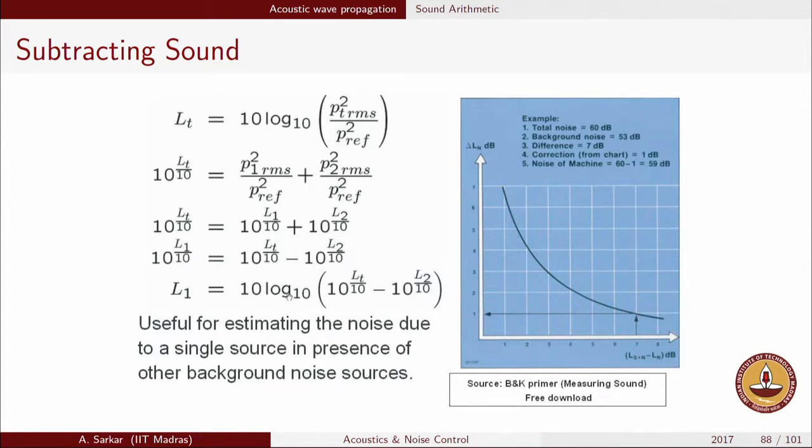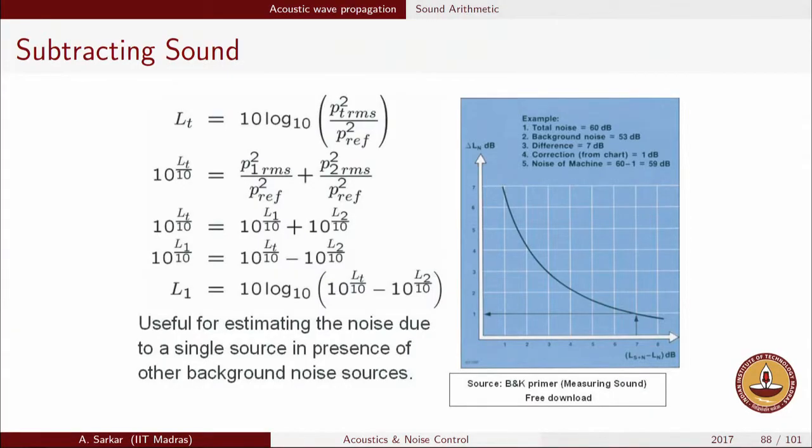So, this is the formula by which, if you know the total sound and if you know the sound obtained with one machine switched off, you could actually recover the sound associated with the machine under investigation. That is typically the case which will be used in different shop floor kinds of environment.